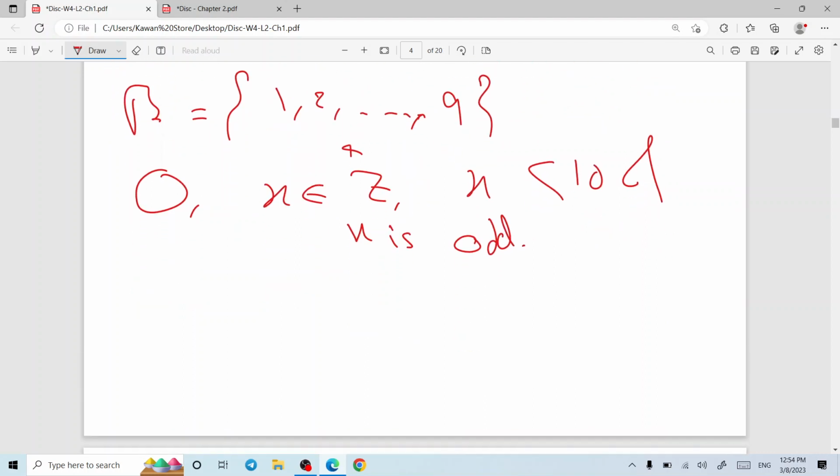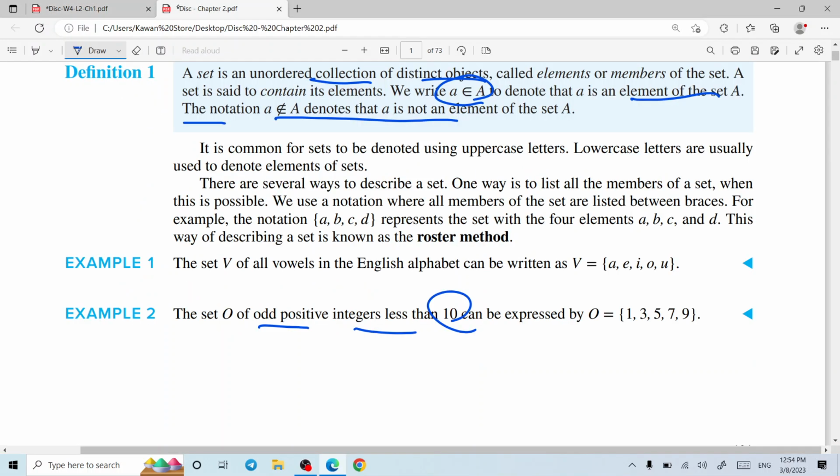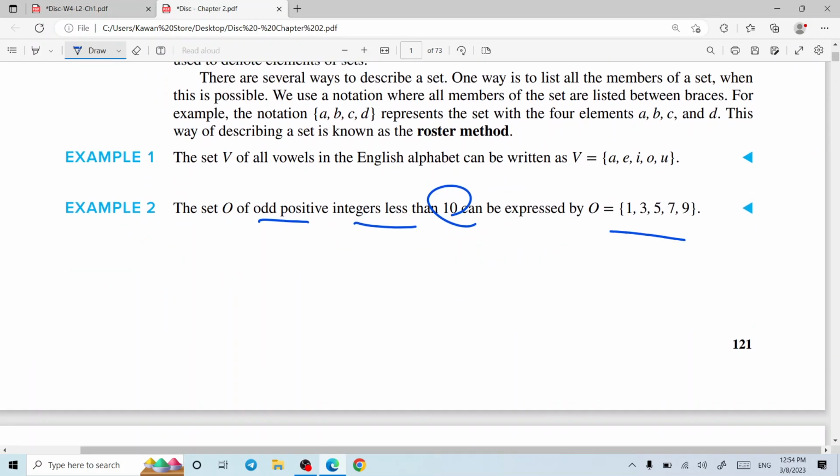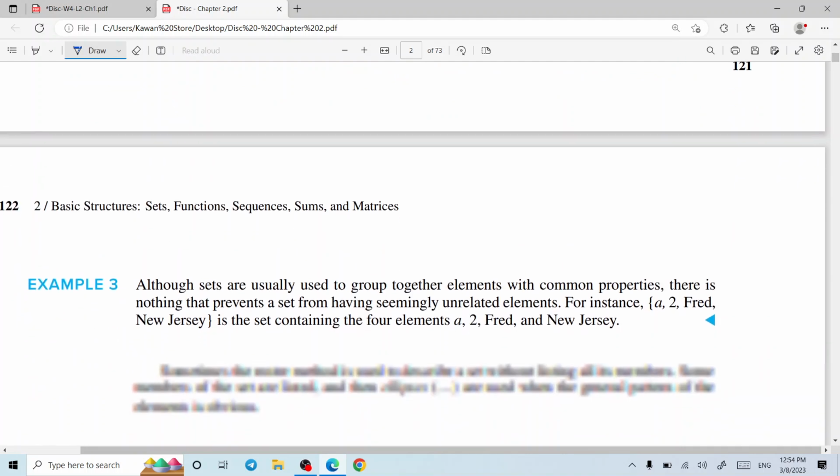So we add another condition. Here O will be 1, 3, 5, 7, 9. So depending on the speech, depending on the question, we are going to construct our set. If I have an even, you know how to choose. If I have an odd, you know how to choose. Do you have any question about it?